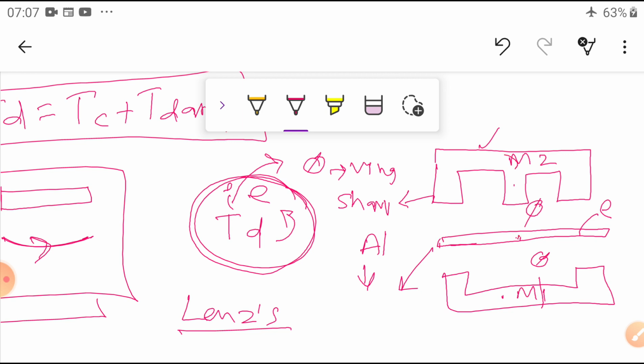There is an interaction that takes place. Then the rotor will rotate in one direction, in such a way that a deflecting torque is produced here. The deflecting torque is produced due to the interaction between the flux of the AC magnets.